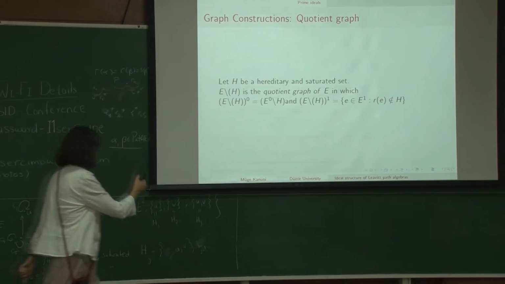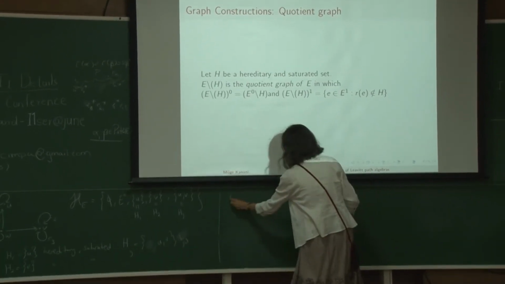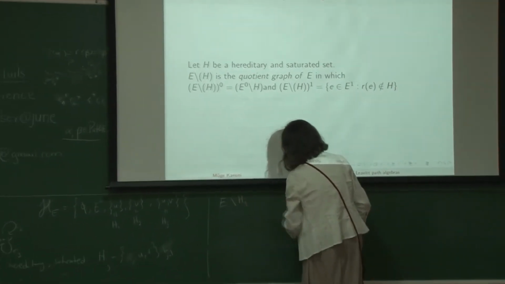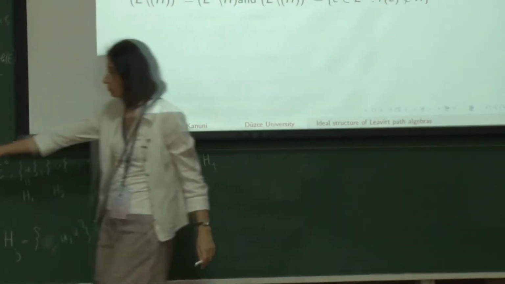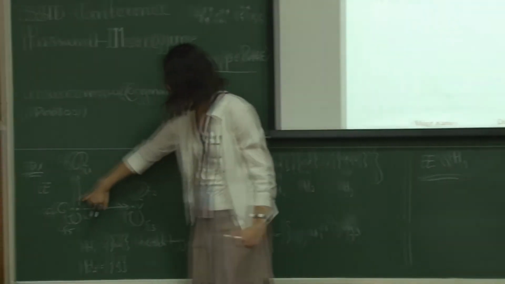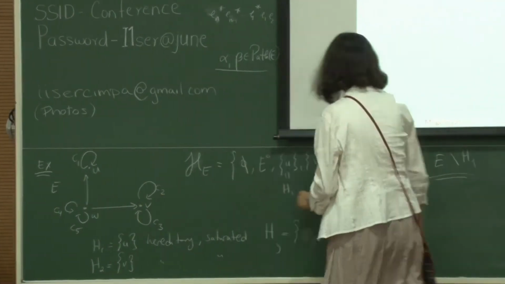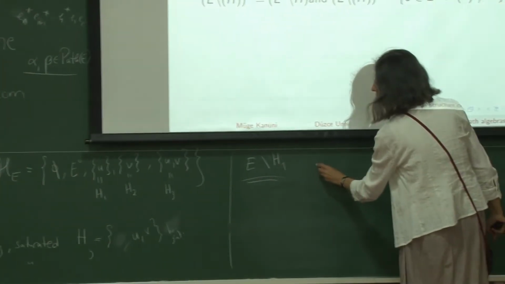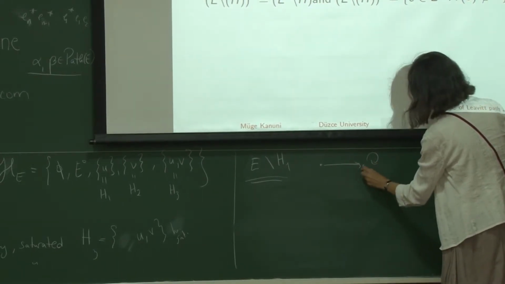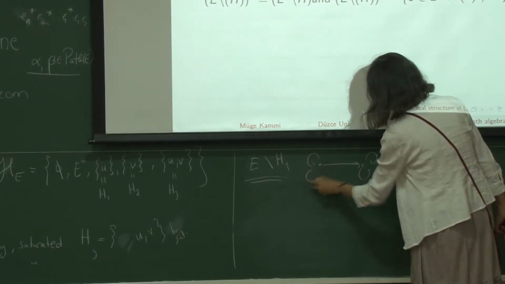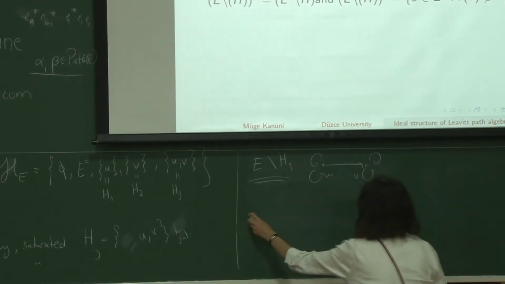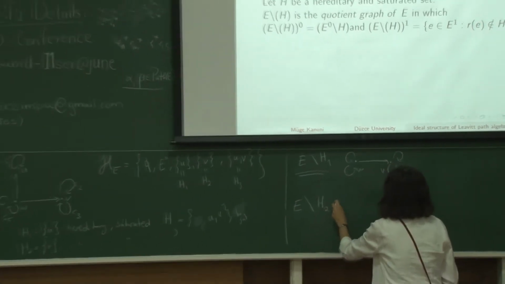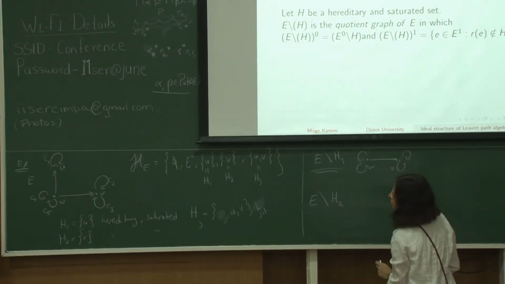Let me do a construction here with this one. If you want to define the quotient graph E slash H1 for this one, basically I'll get rid of this part. So I'm going to erase this edge as well. So what I'm going to be left with is this graph, so I'll put them all on.